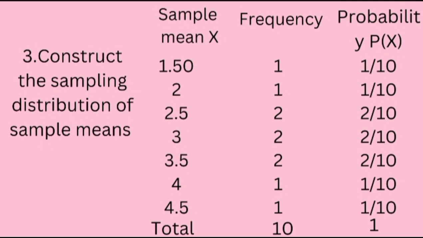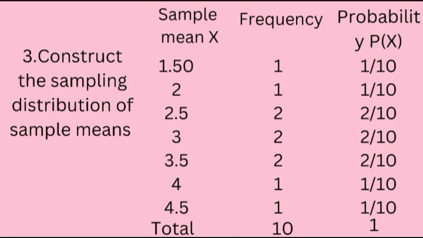The frequency is the number of times that each sample mean occurs in step 2. So 1.5 occurs only once, so that is 1. 2 occurs once, so the frequency is 1. 2.5 occurs twice, so the frequency is 2. 3 occurs twice, so the frequency is 2.